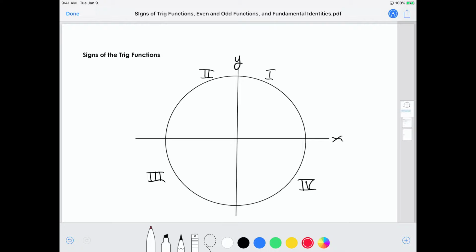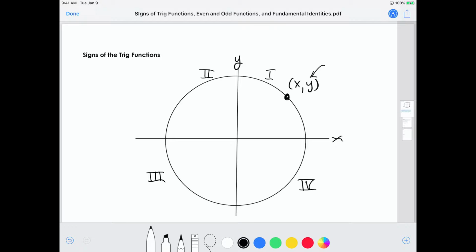Now if I had an angle, and I sweep that angle open, starting at the positive x-axis, so it's in standard position, and that terminal side lands, when it sweeps open, in the first quadrant, then that point on the circle that it intersects, my terminal point, I would have an x value and a y value.